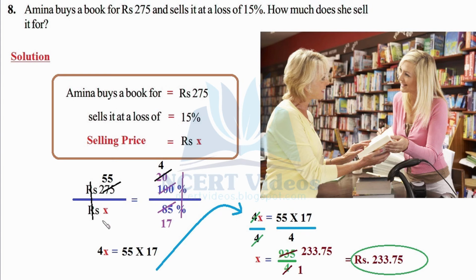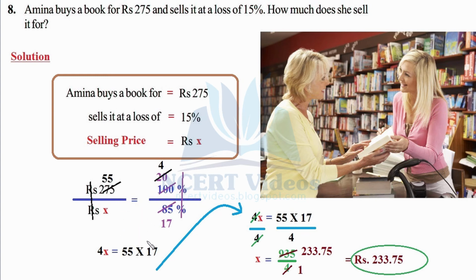Percent cancel, rupees cancel. Dividing it by 5. So 5 ones are 5, 5 fives are 25, 5 sevens are 35, 5 twenties are 100. Simple. Not further reducible, but we can reduce like this. 4 5s are 20, 5 5s are 25, 2 5 again. So 5 5s are 25. Now cross multiplying. 4x equals 17 into 55.